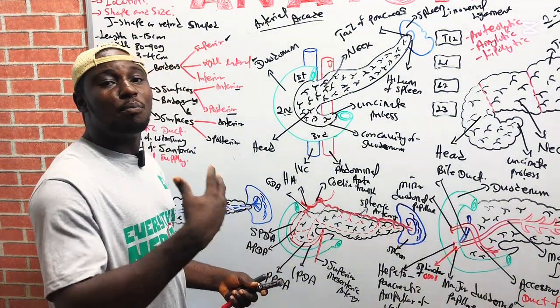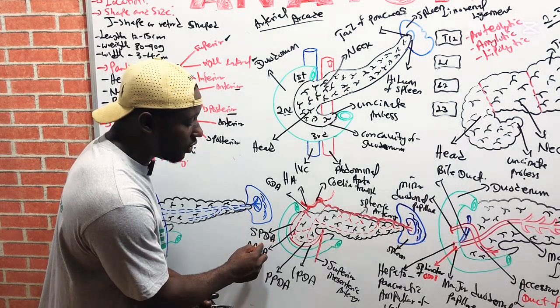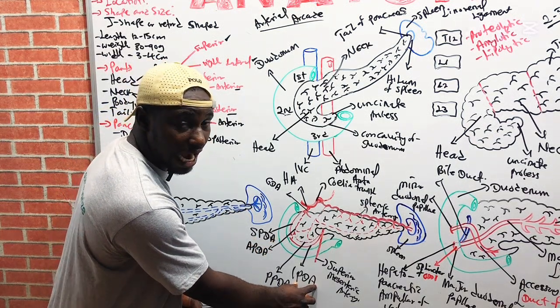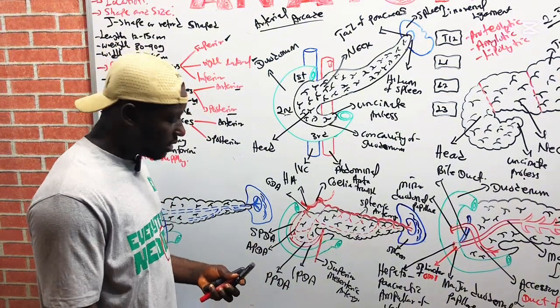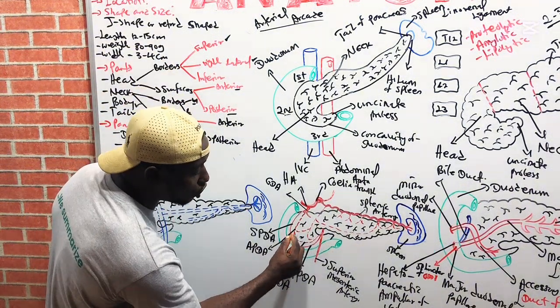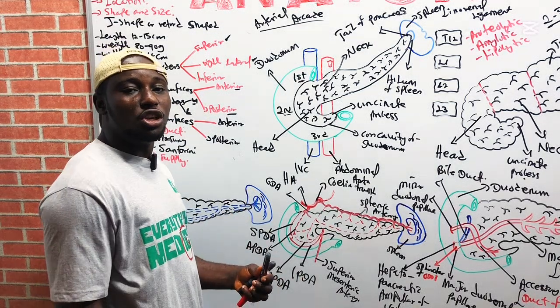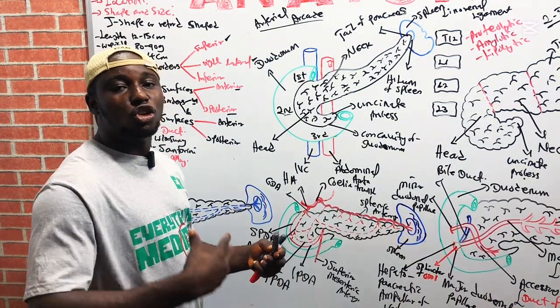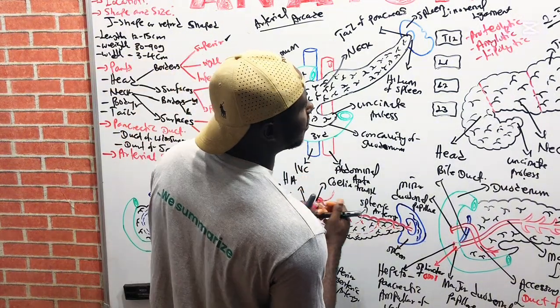The anterior and posterior branches of the superior pancreaticoduodenal artery and the inferior one form an anastomosis to form the anterior and posterior pancreaticoduodenal arterial arcades, right? Which is what I said previously.